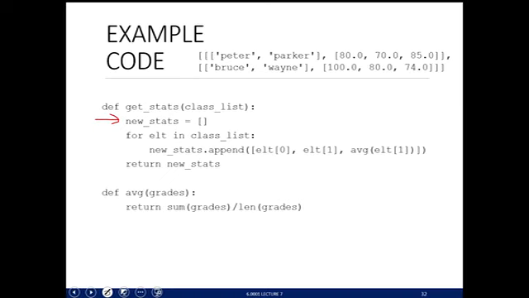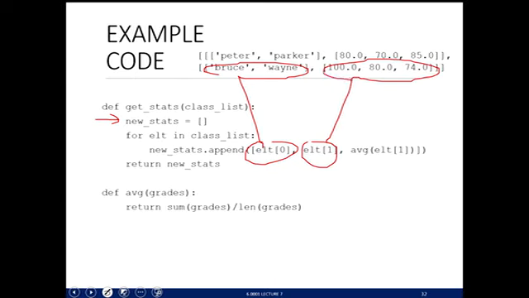I'm appending element at 0, which is going to be this first list here. So it's going to be the first name and the last name. Element at 1, which is the grades. And then the last thing I'm appending is a function call. The function call being called with element 1, which is all of the grades. And this is my function call.